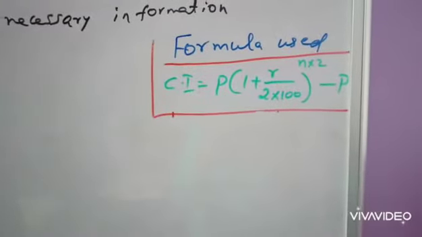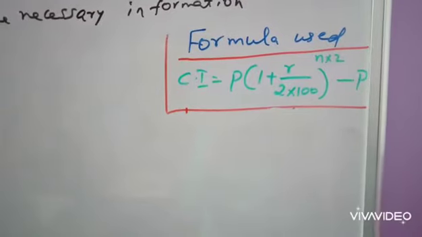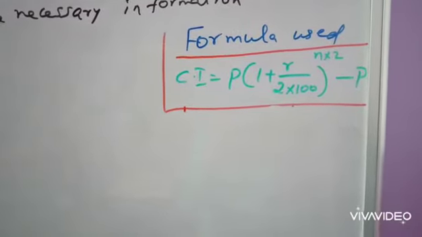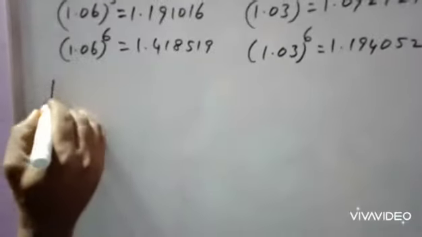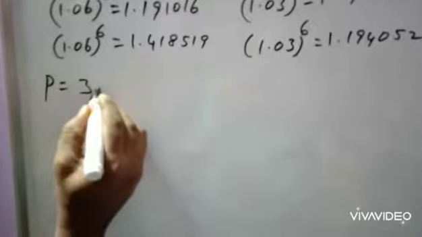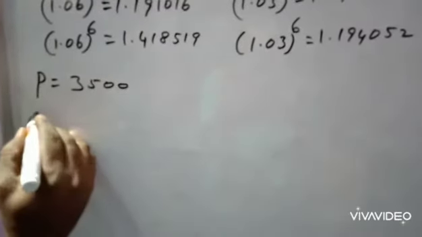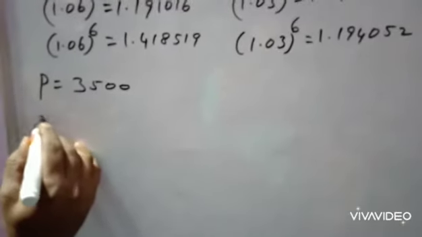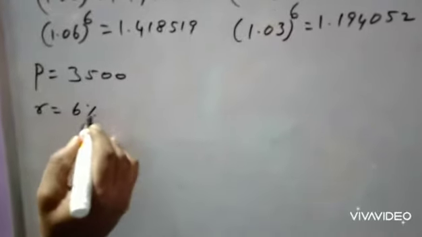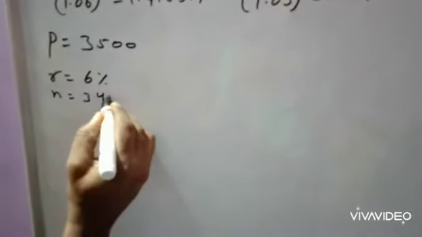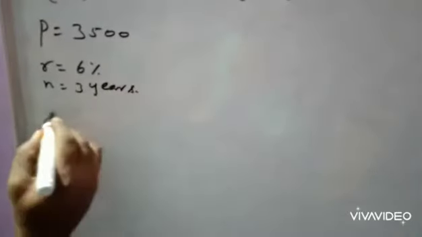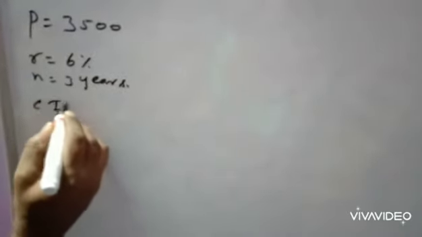Now here they have given compound interest being calculated half-yearly. So we have the formula compound interest equal to P into (1 plus R by 2 into 100) power n into 2, minus P. So we have P equal to 3500, R equal to 6% per annum, n equal to 3 years. So CI equal to what?